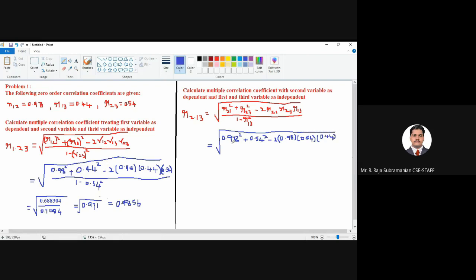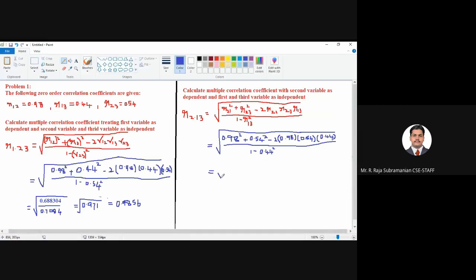All divided by 1 minus R13 squared, that is 0.44 squared. We already have 0.98 squared. The only change in the numerator is 0.54 squared, which replaces 0.44 squared, and in the denominator we have R13 squared, that is 0.44 squared.